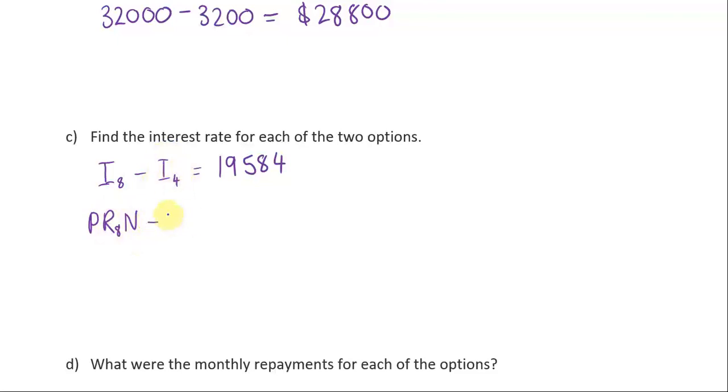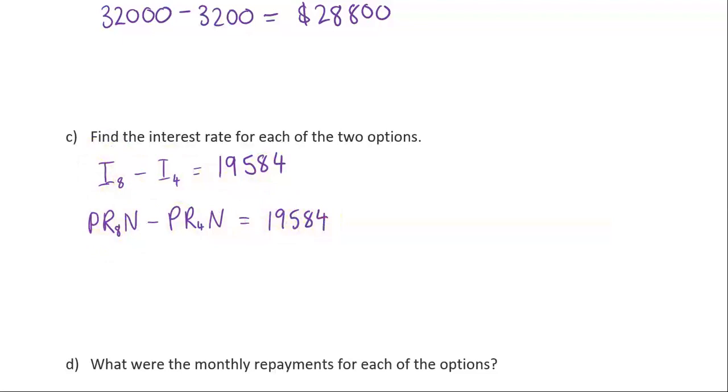Minus, for 4 years, p, the interest rate of the 4-year span, and n for number of investment periods. And that is still equal to $19,584. So the difference between the interest on an 8-year loan and the interest on the 4-year loan is this amount. This is another way of writing interest, principal times rate times the number of investment periods, for both the 8-year and the 4-year loan.